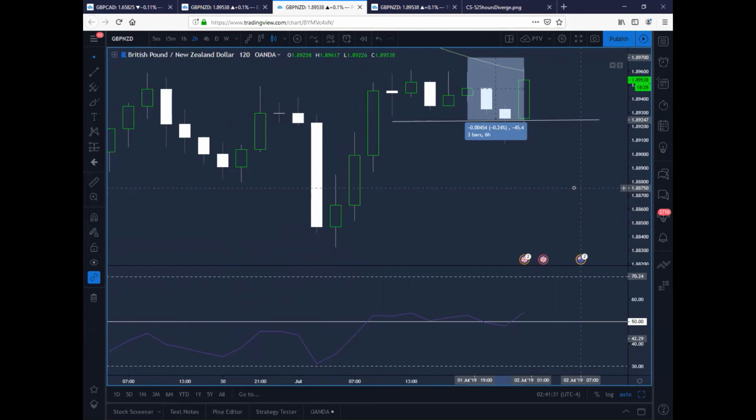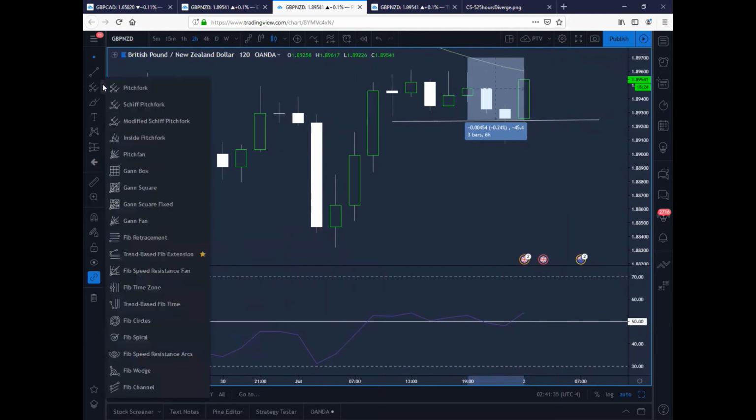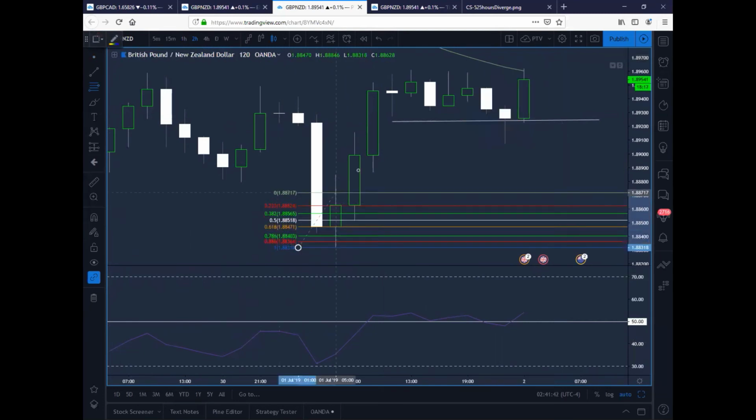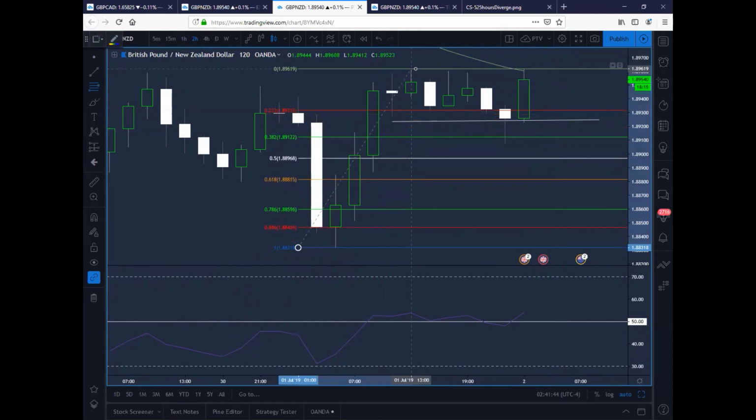And that's the thing. If we break this zone, let's get our Fibonacci retracement tool. Cool. We have 88815. We have 88596. Now stop loss is shy about this area, right?